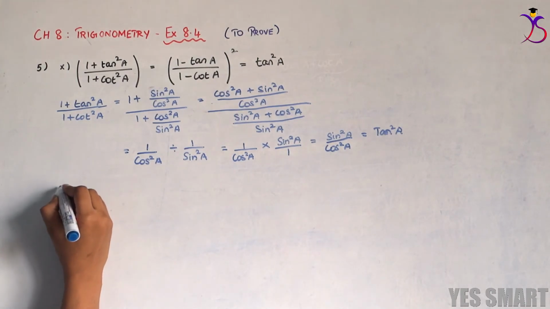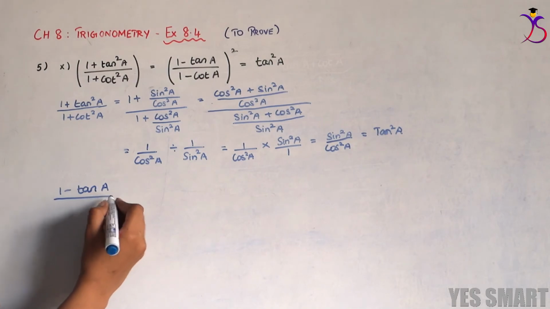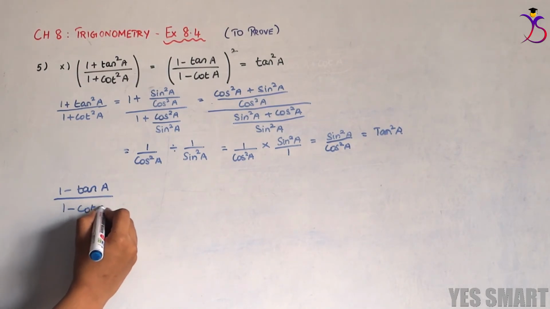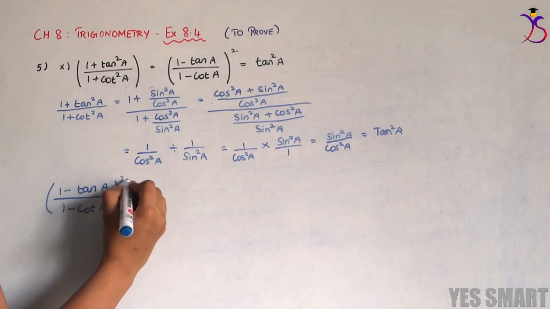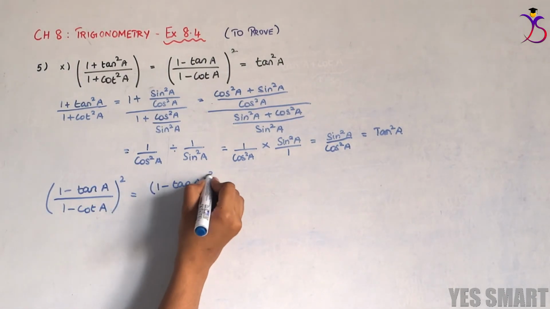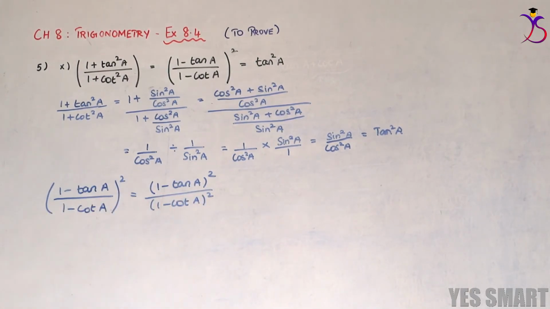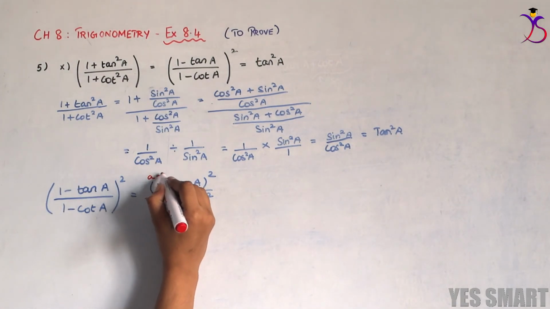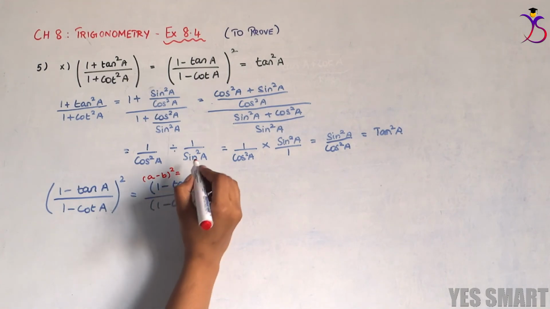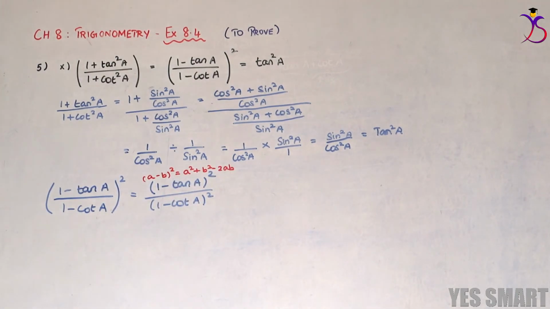Now taking the second term, 1 minus tan A by 1 minus cot A the whole square. So we will start solving this as well. I am just separating the squares of the numerator and denominator, so that 1 minus tan A the whole square by 1 minus cot A the whole square. This is in the form of A minus B the whole square, which is equal to A square plus B square minus 2AB.